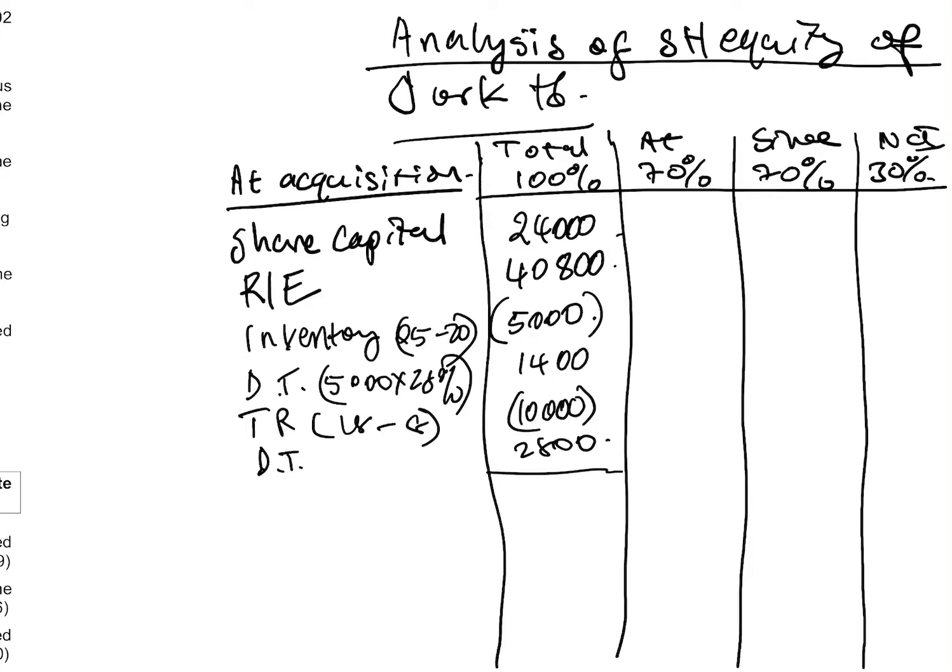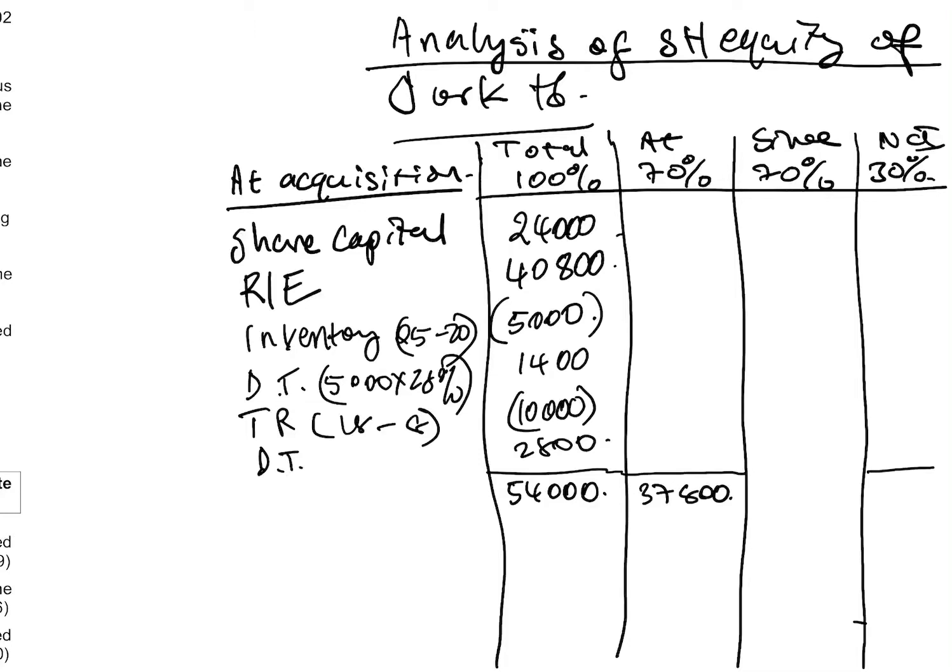So when you add everything, it is going to give you the total there. Let's add. So you get 54,000. 54,000 multiplied by 70%, we are sharing, you get 37,800.